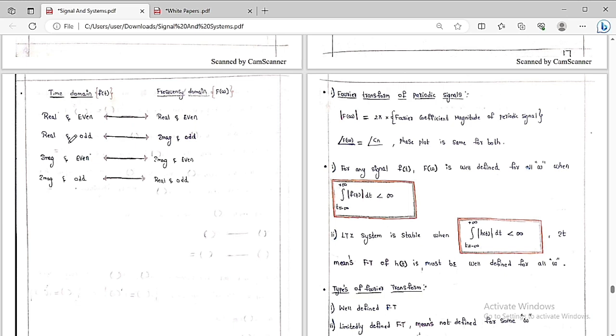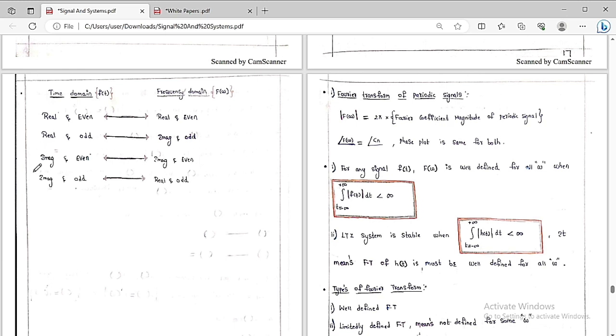So now what you have to do is replace real by imaginary, and even by odd, and see what you get. Replace real by imaginary, the opposite.